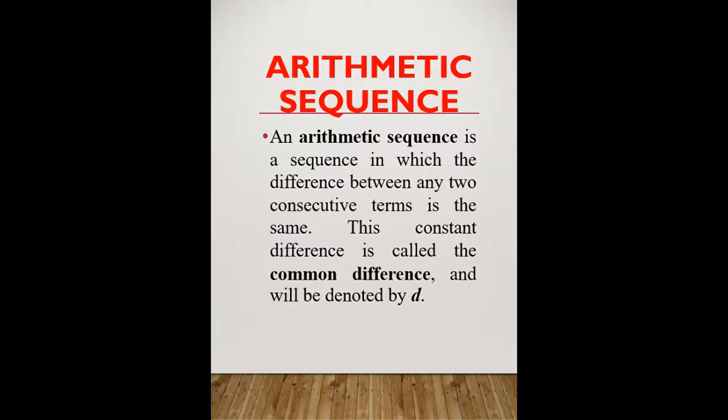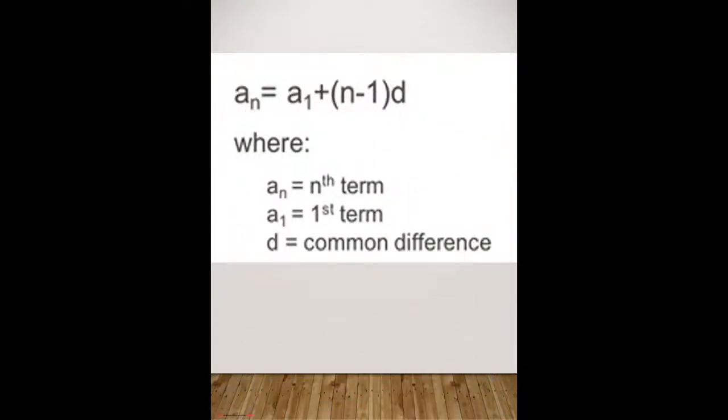So we're going to use a formula to solve problems regarding arithmetic sequence. The formula is a sub n equals a sub 1 plus the quantity n minus 1 times d, where a sub n is the nth term of the sequence, a sub 1 is the first term, and d is the common difference.